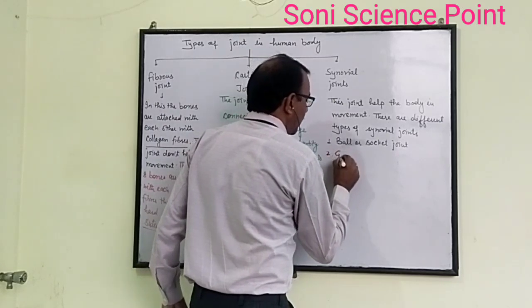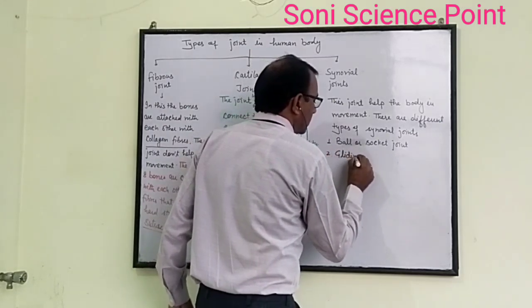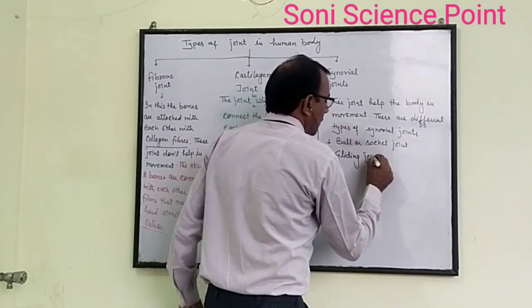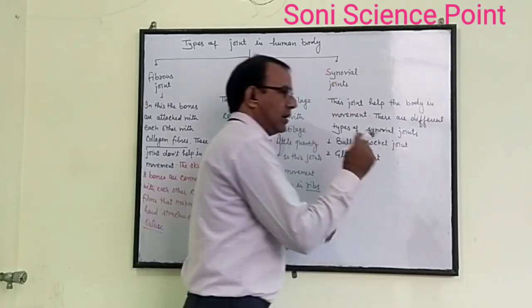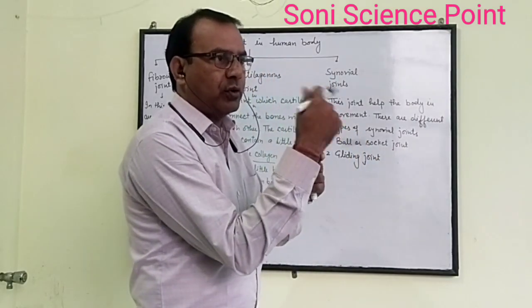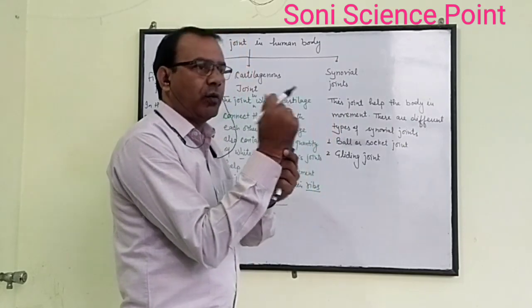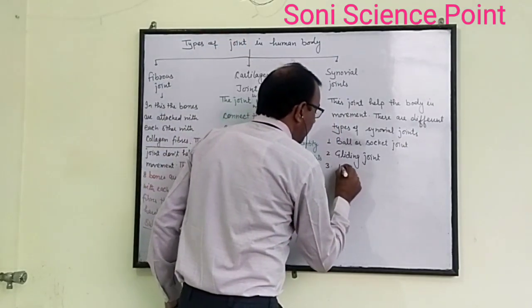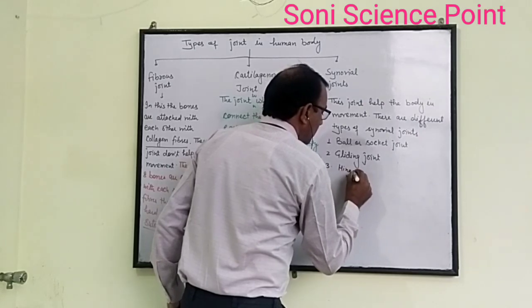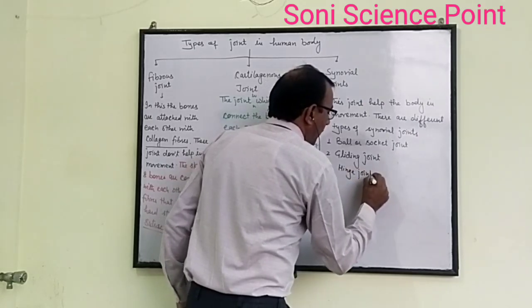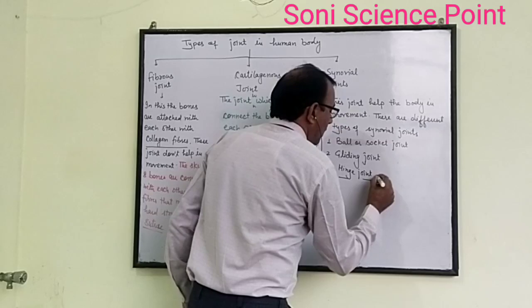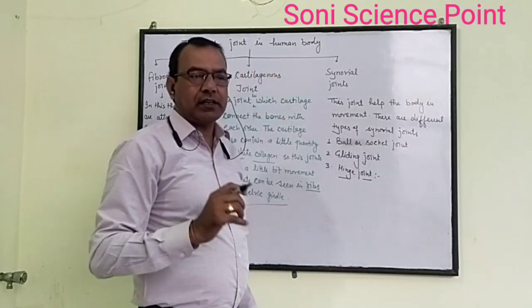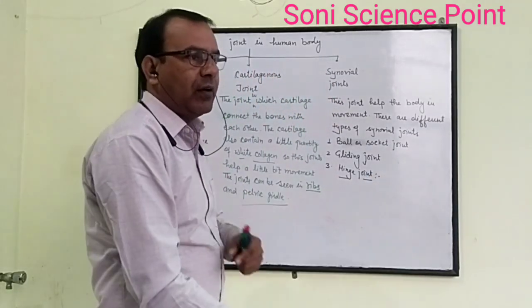The second one is the gliding joint. In our wrist, a gliding joint may be present, where one bone glides or slides over the other. That is called a gliding joint. The third one is the hinge joint. This joint may open only in one direction, for example, in our elbow and our knee.